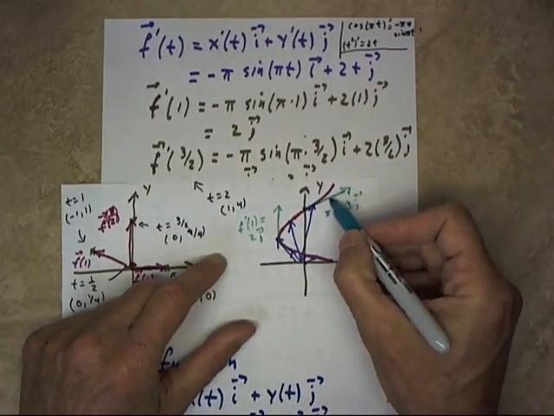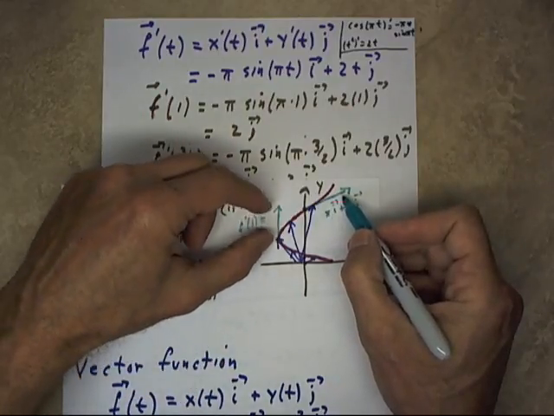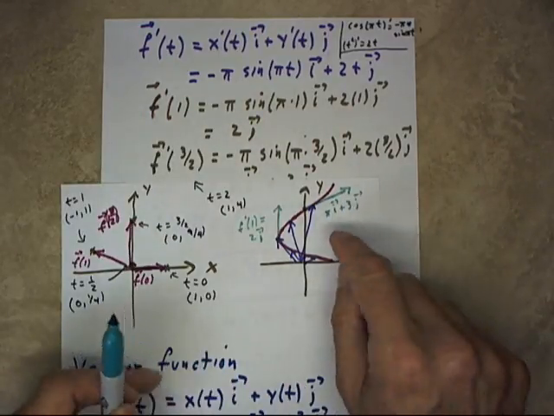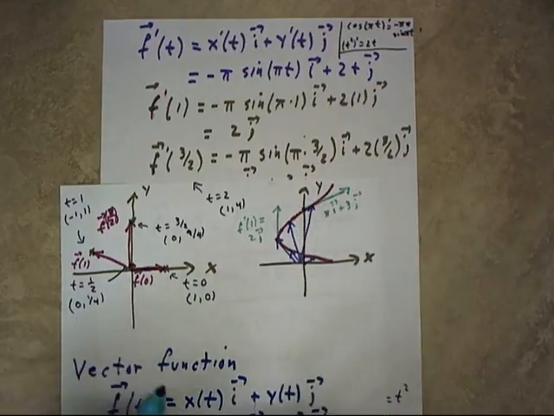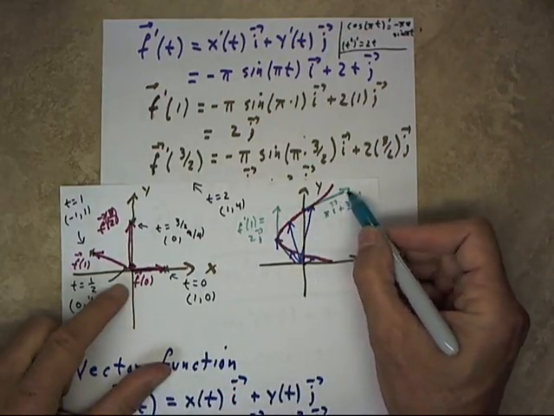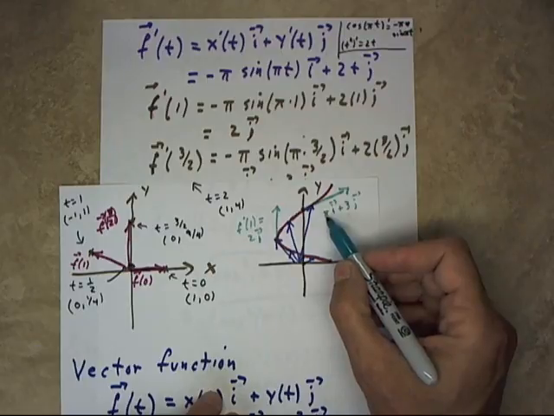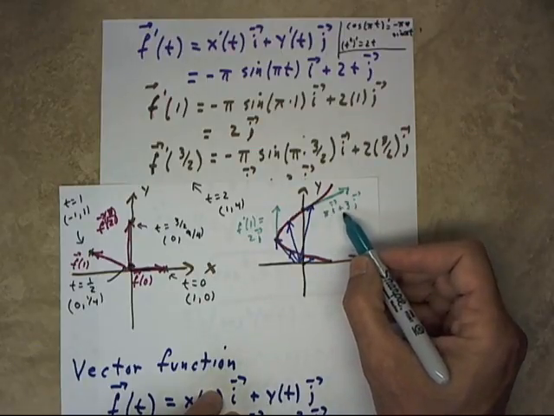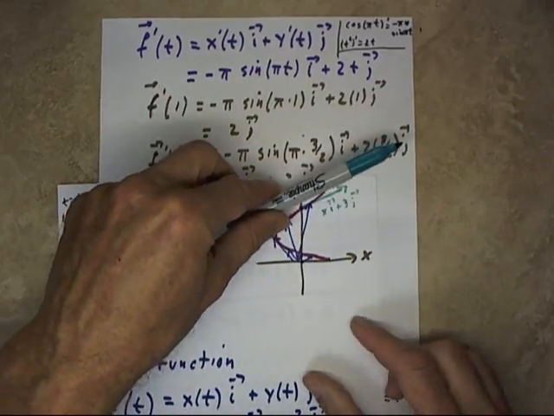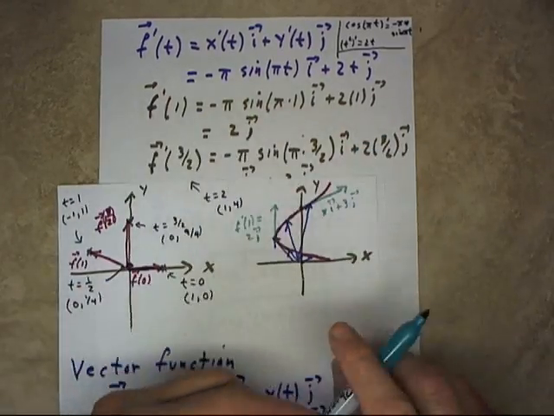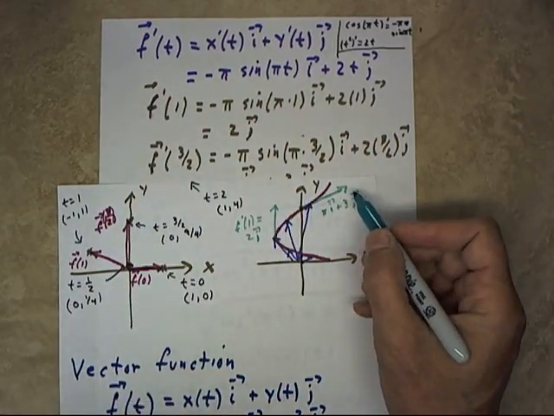That would actually make it a little bit longer than I've drawn it. If this vector has magnitude 2, this vector would have magnitude around 4.5, so it's not really to scale, but we get the idea. If we draw the vector pi i plus 3j at this point, that gives us not only the direction of our motion at this instant, but how fast we're moving.